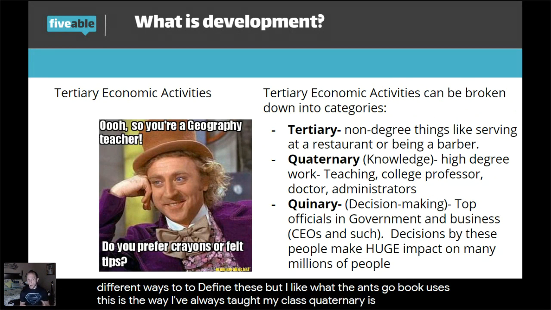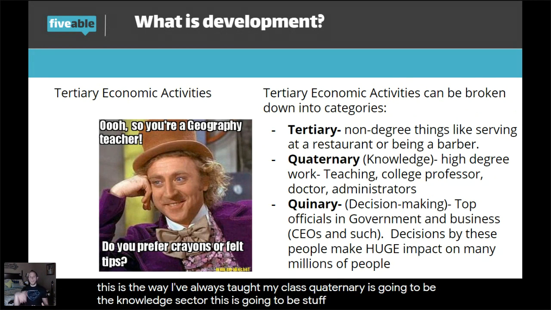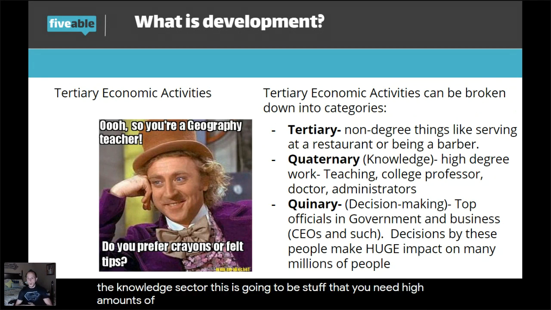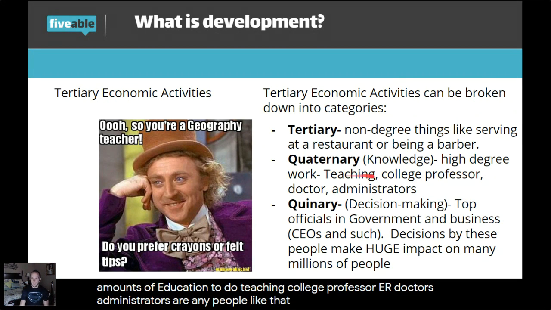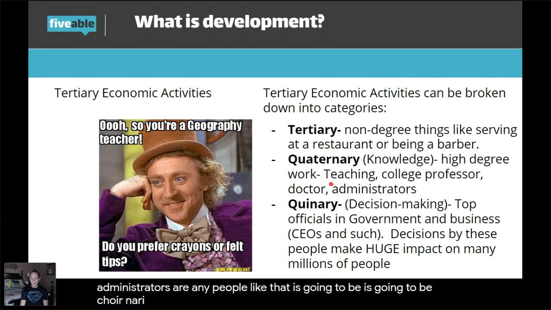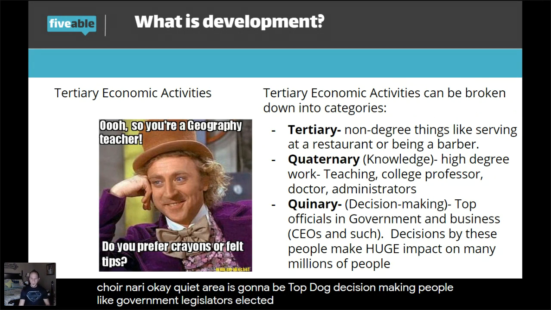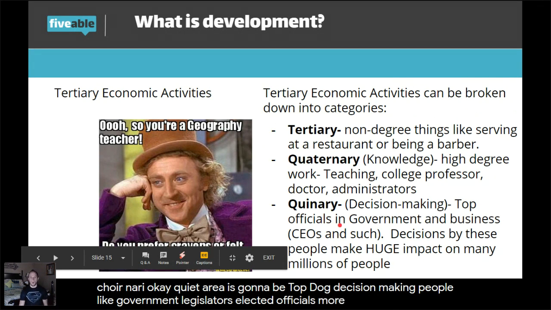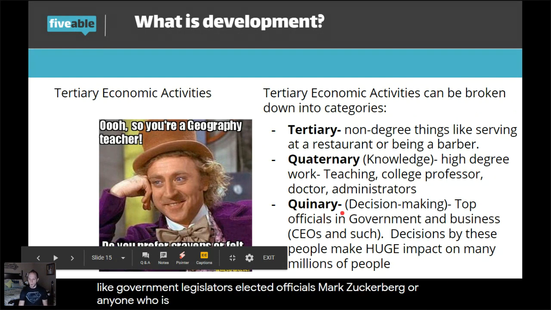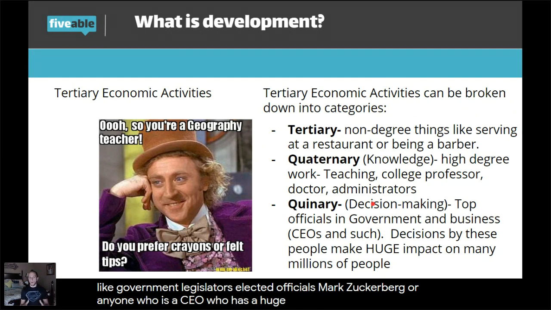Quaternary is going to be the knowledge sector. This is stuff that you need high amounts of education to do: teaching, college professors, doctors, administrators, any people like that are going to be quaternary. Okay, quinary is going to be top dog decision making people like government legislators, elected officials, Mark Zuckerberg, or anyone who is a CEO who has a huge amount of power to sway politics or economics.